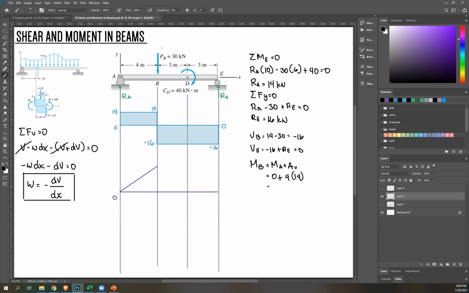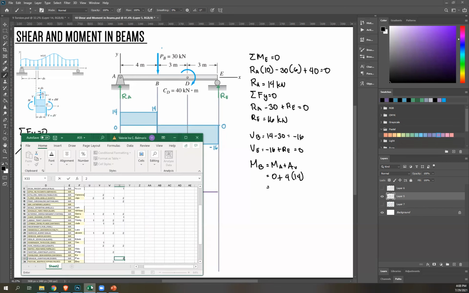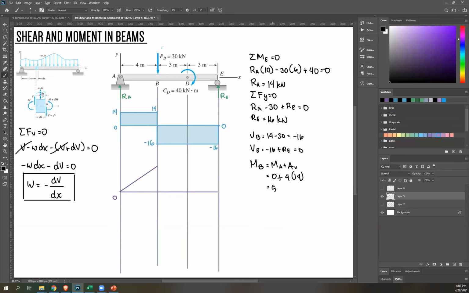What's the answer? Correct, Miguela and Sierra. Gutierrez and Moon. Those who don't have points yet, I encourage you to answer. 56. Positive. Therefore, this point is 56.